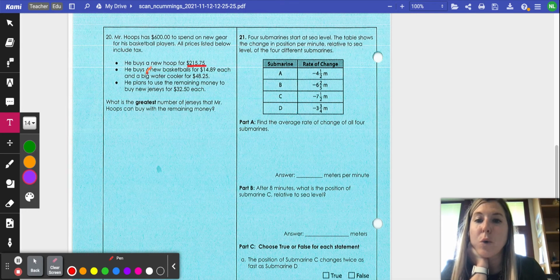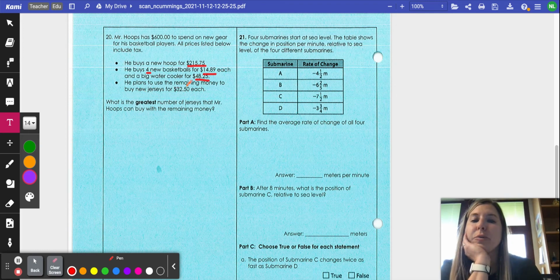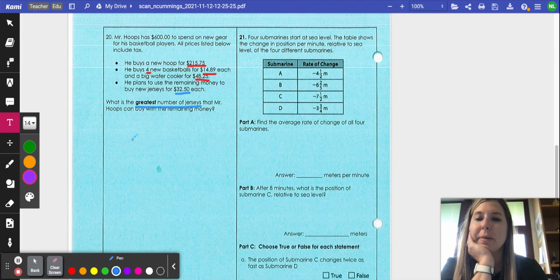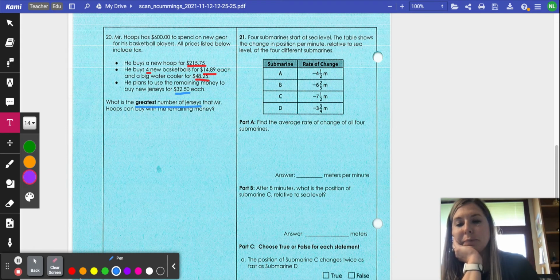He buys 4 new basketballs for $14.89 each and a big water cooler for $48.25. He plans to use the remaining money to buy new jerseys for $32.50 each. All right. What is the greatest number of jerseys that Mr. Hoops can buy with the remaining money?